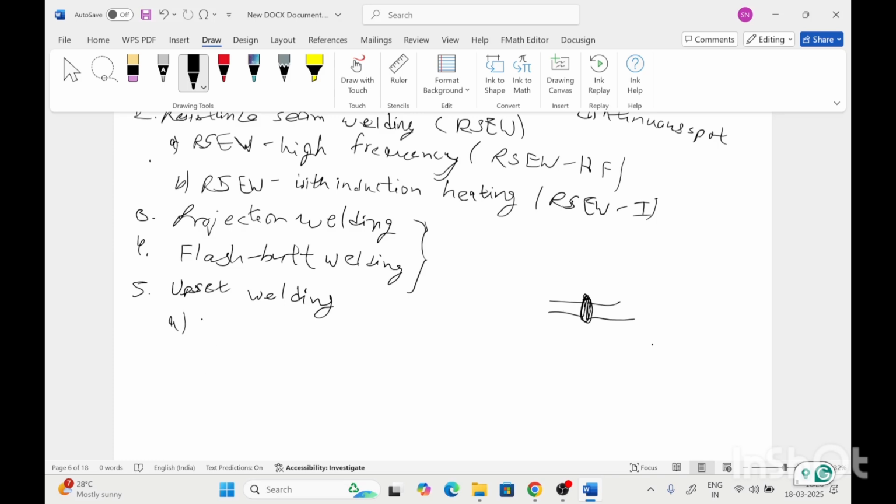Upset welding can also be divided into two types: upset welding with high frequency, and the second is with induction heating.